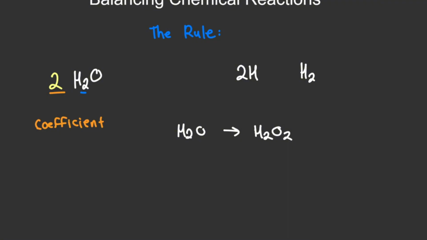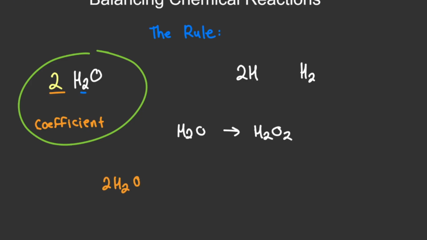But what we can do is put a bigger number in front of the water, and we just did that right here. So that means now we have 2 water molecules. So 2H2O contains 4 hydrogen atoms and 2 oxygen atoms. Making sense so far?